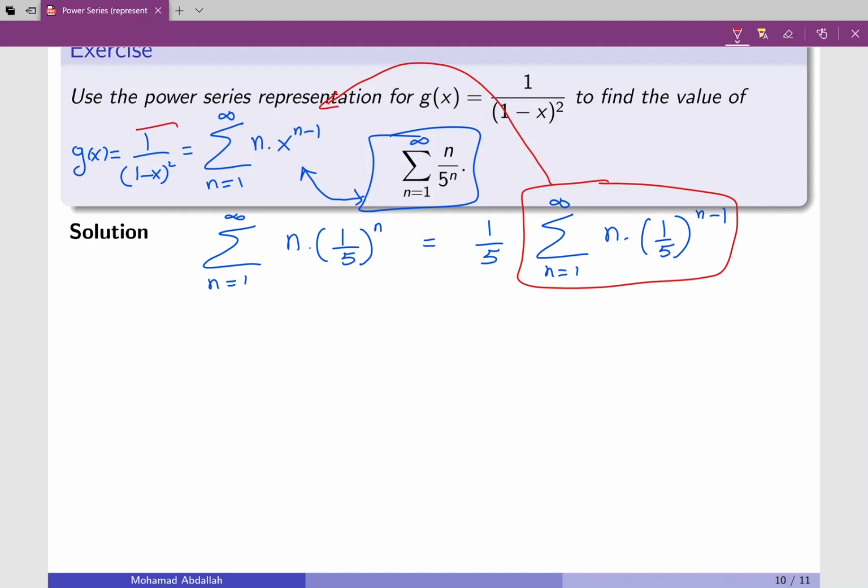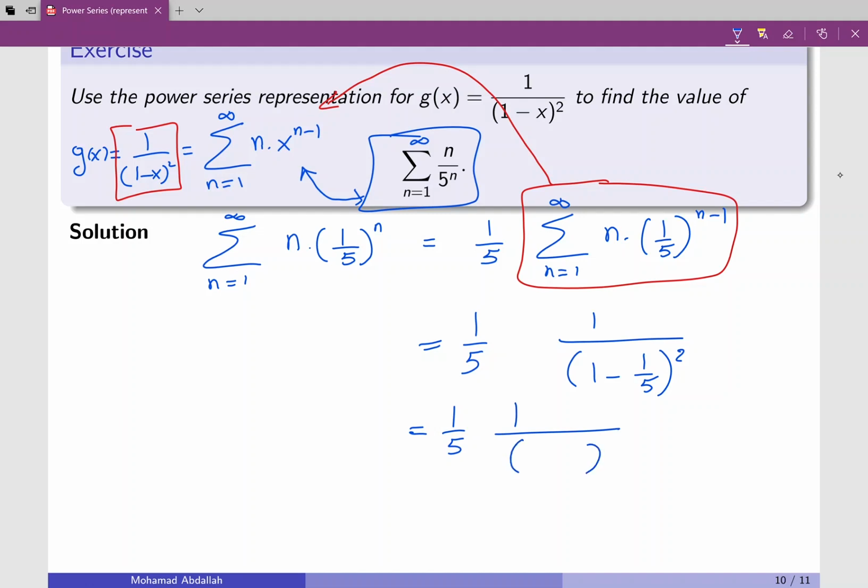What's this series equal to? This is equal to 1 over 1 minus x squared. So basically, that 1 over 5 is carried to here, and this series is 1 over 1 minus 1 over 5 squared, replacing x by 1 over 5. So this is 1 over 5 times 1 over 4 over 5 squared.